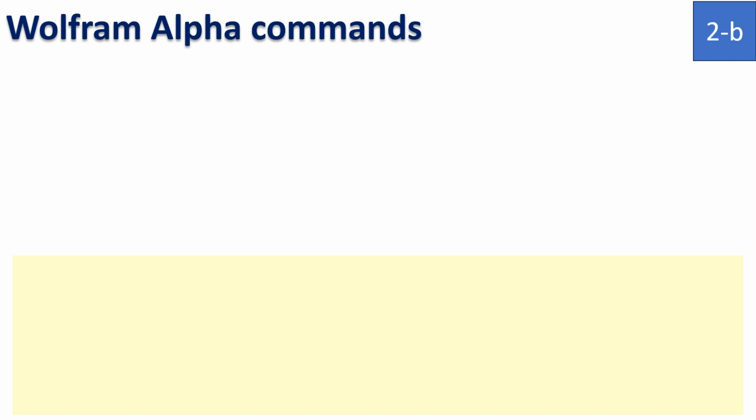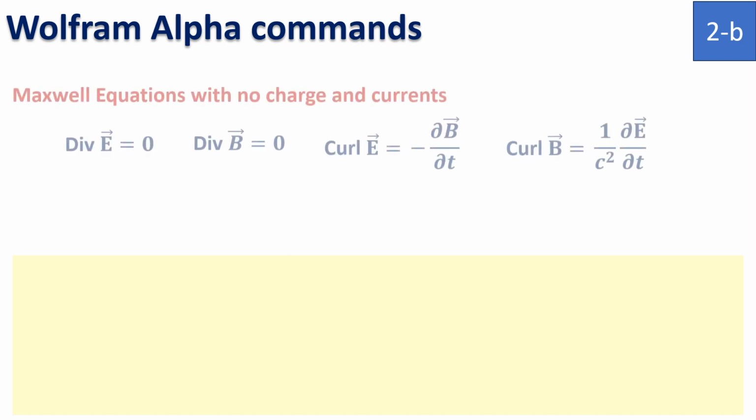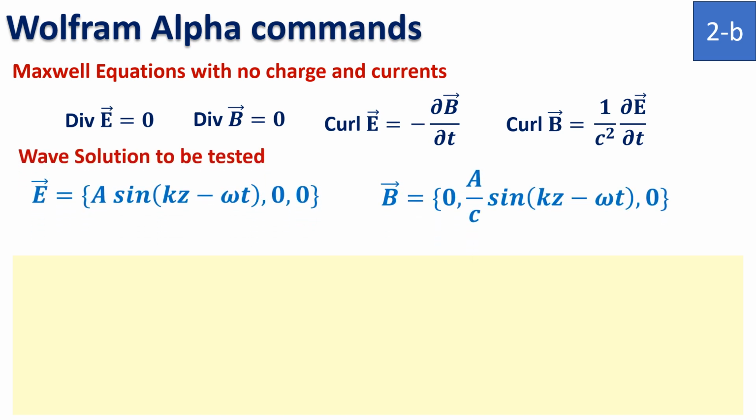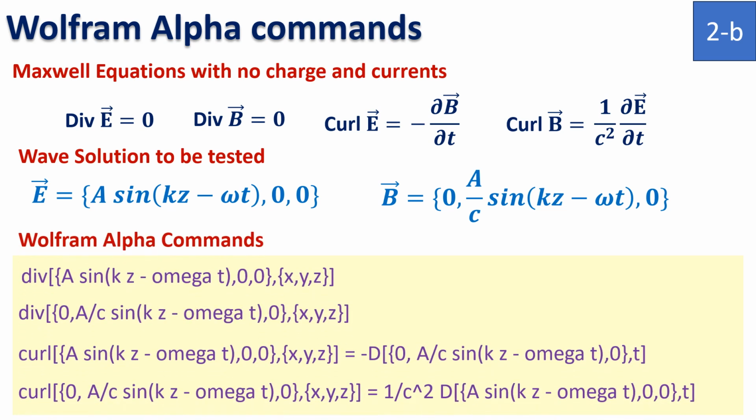In this slide, we rewrite the Maxwell equations from the previous slide. We rewrite the proposed simple wave solutions that need to be tested and the Wolfram Alpha commands. We will write the Wolfram Alpha commands throughout the slides with purple color.